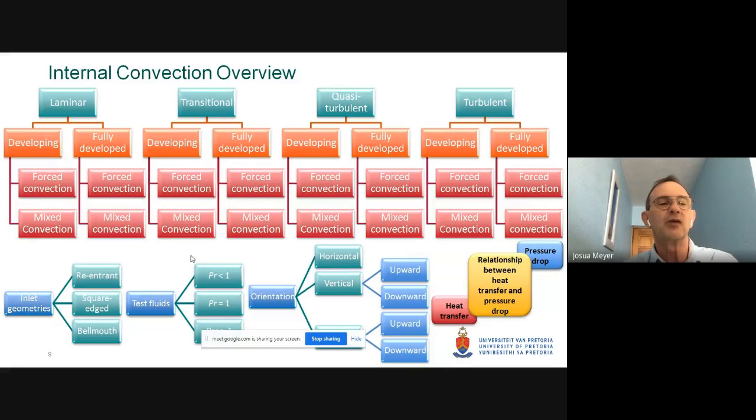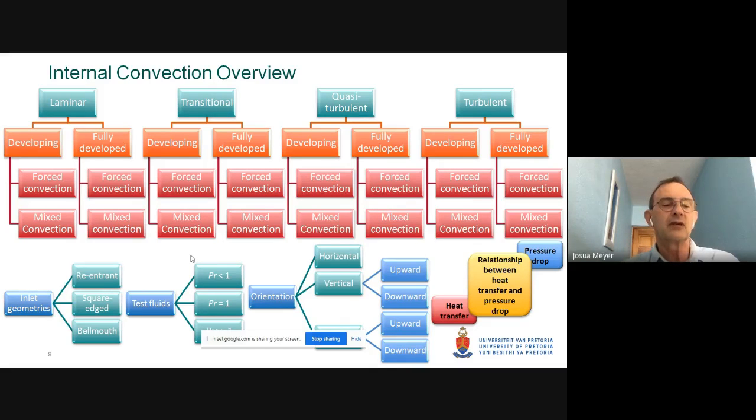And for every one of them, we can look at the flow, what the characteristics would be if they are fully developed or developing, and also if the heat transfer is forced convection or mixed convection.